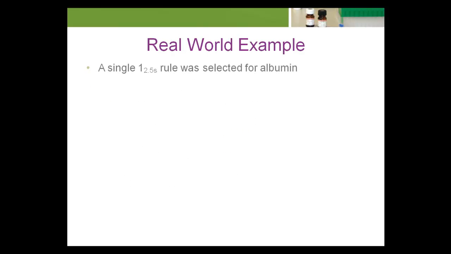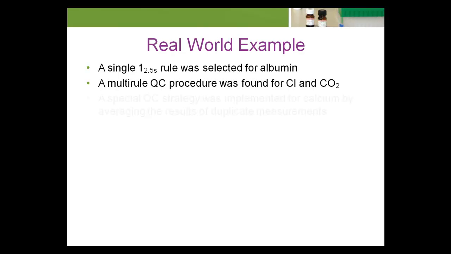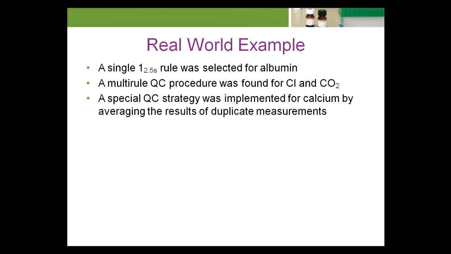A 1:2.5S rule was selected for albumin, a multi-rule for chlorine and CO2, and a special strategy was developed for calcium. One of the most important aspects of QC design is that it clearly identifies which tests perform with no problem and which tests need more care.